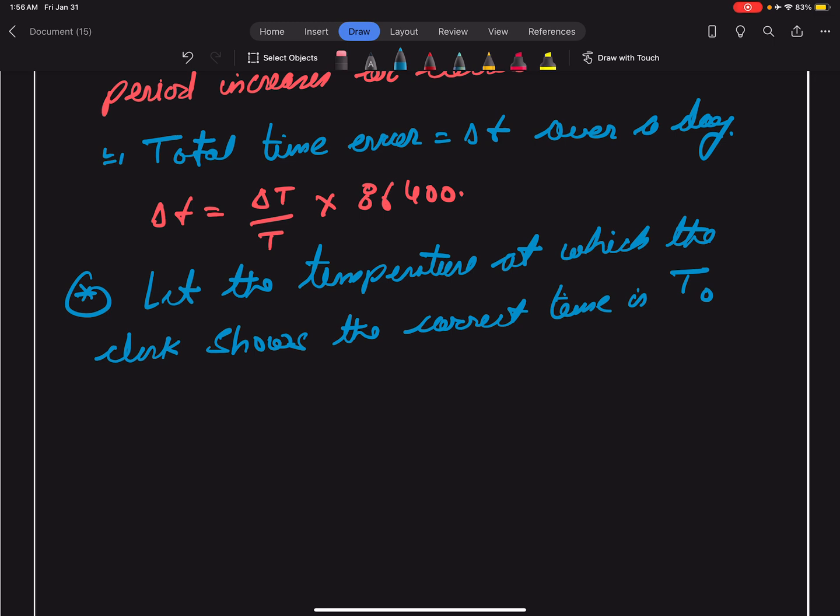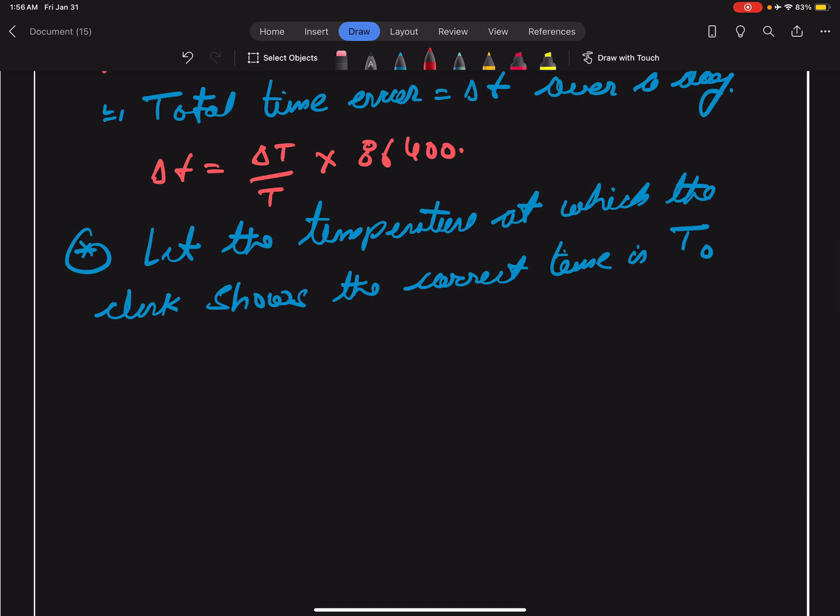And we also say that at this time the pendulum length is L0 and the time period is T0. And let us express the time errors.